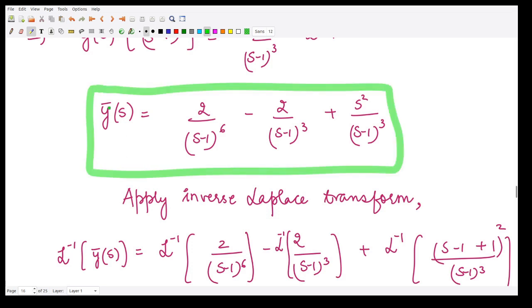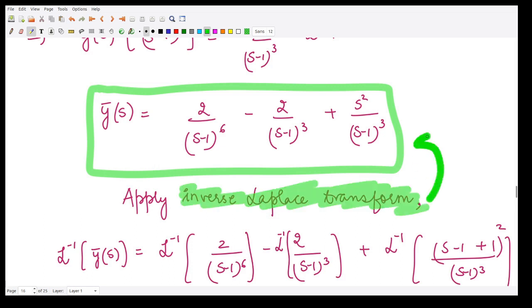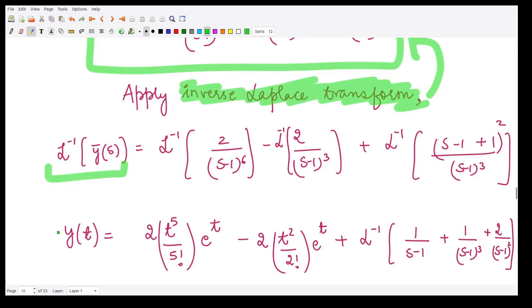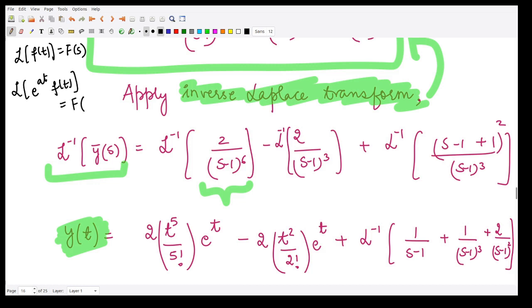Now the task that is remaining is to apply the inverse Laplace transform on both sides for this particular expression. So when you apply inverse Laplace transform on both sides, on the left hand side this expression turns out to be the solution y of t, and on the right hand side, here you have to first apply the first shifting property, which says if the Laplace transform of f of t is given to be capital F of s, then the Laplace transform of e to the power a t f of t is equal to the Laplace transform of the same function shifted by a units.